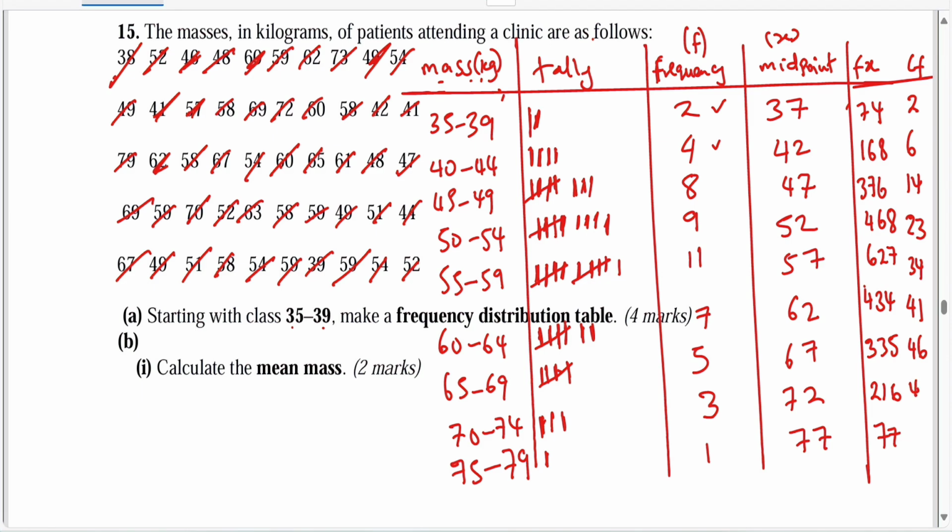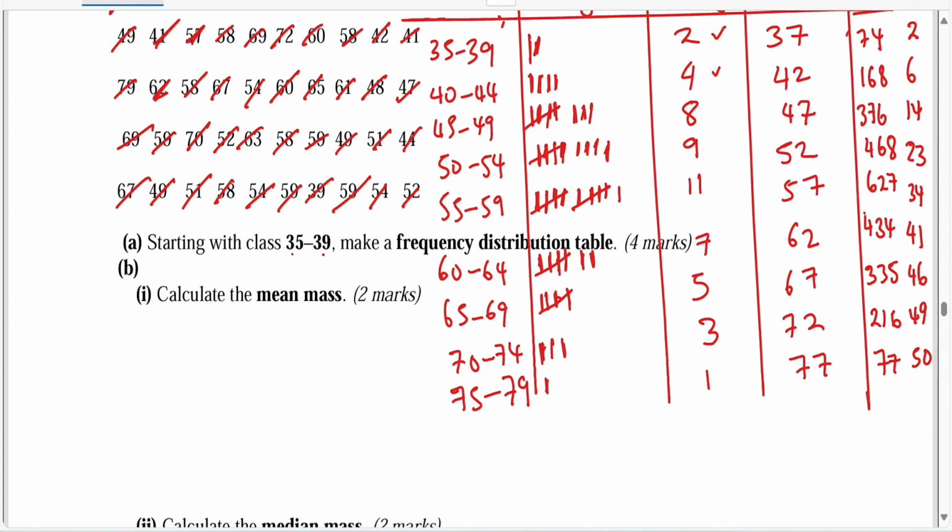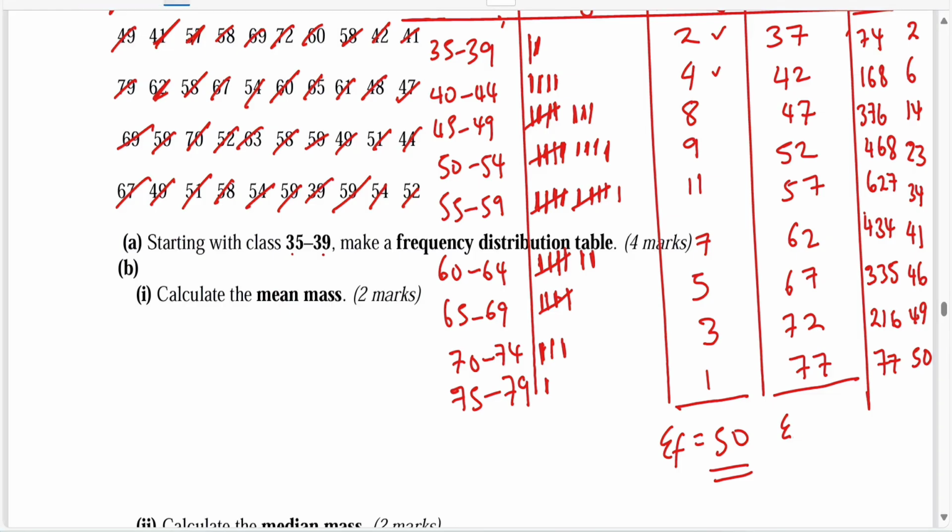Plus 3, 49. Plus 1 is 50. So this means your sum of frequency should be 50. And obviously sum of fx pia wafa utafute. Your sum of fx is not this one, sorry.